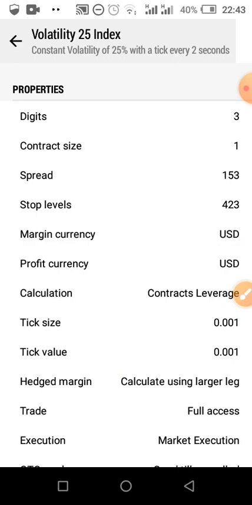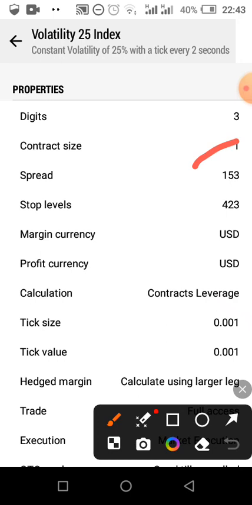Although you should note that with derivative, the spread may change on certain days, but that same spread could apply for a few days or maybe for the whole day, and the change won't be too different, so they are actually more of fixed spreads for synthetic indices.